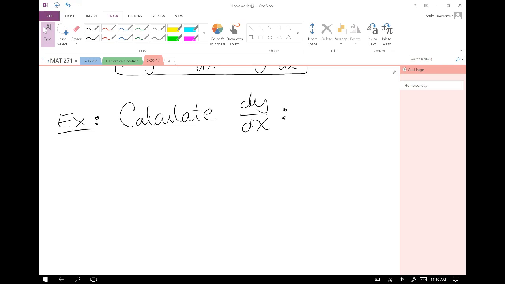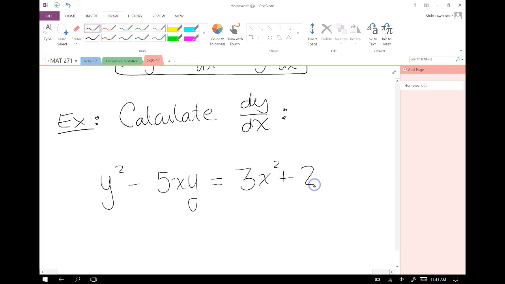So our equation, we want to calculate dy dx if we have y squared minus 5xy equals 3x squared plus 2. Our end goal is to say dy dx equals something. And dy dx means derivative.